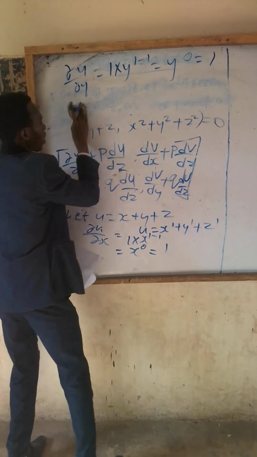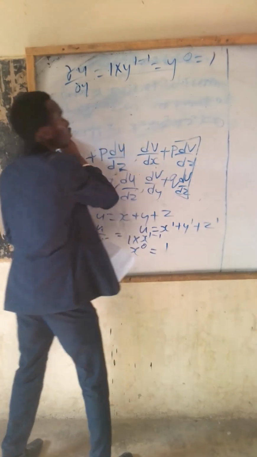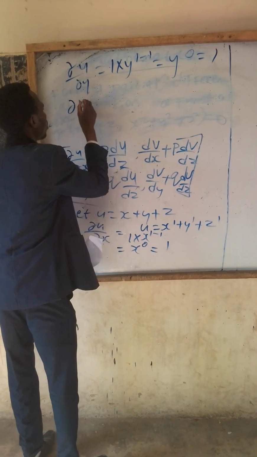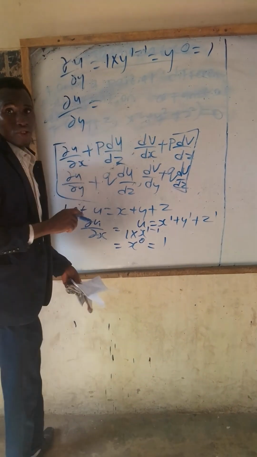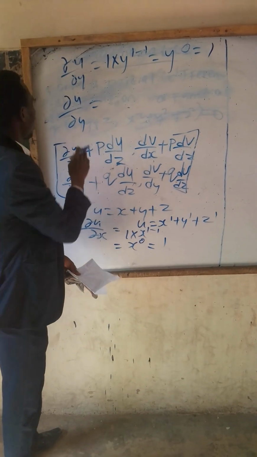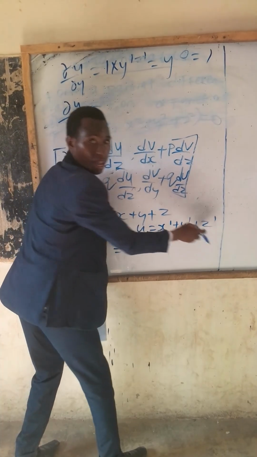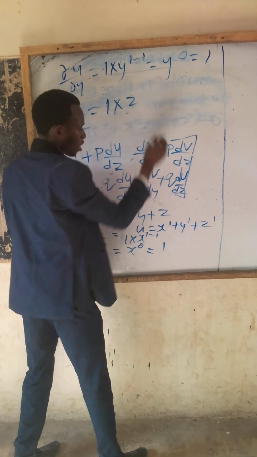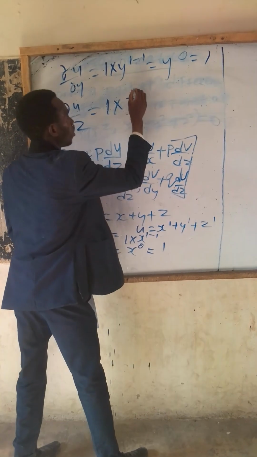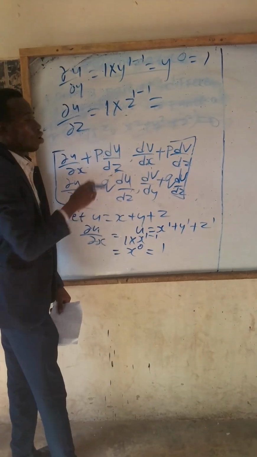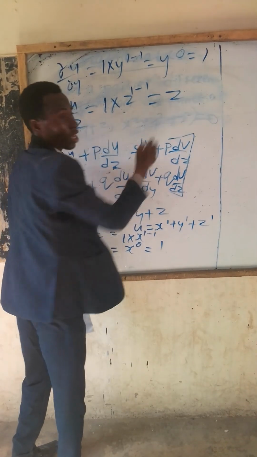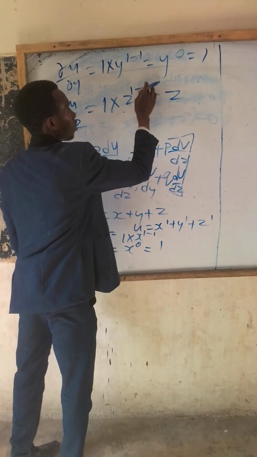So we are going to also find du/dz, the partial differentiation of u with respect to z. So what is du/dz now? We have 1 multiplied by z raised to power 1 minus 1. 1 multiplied by z is z. 1 minus 1 is 0.